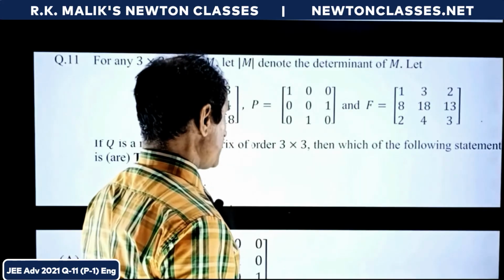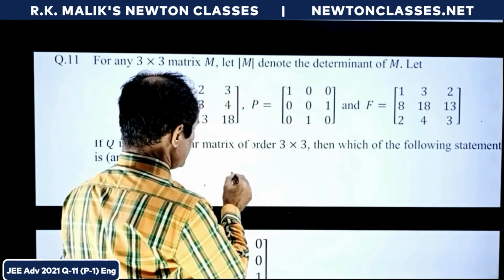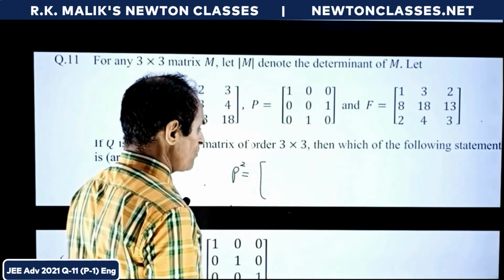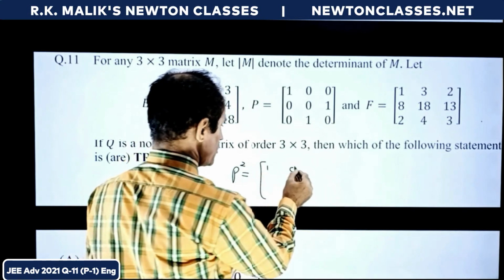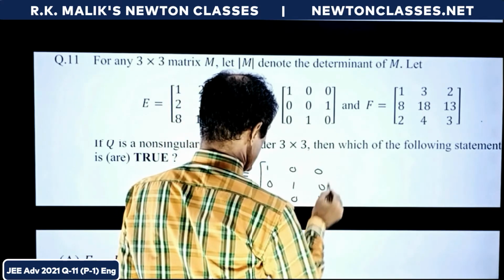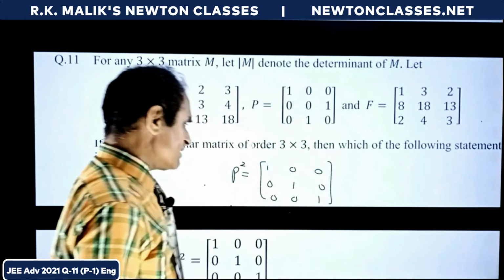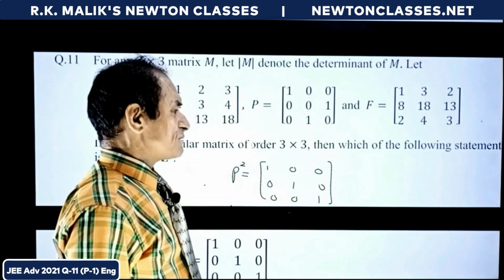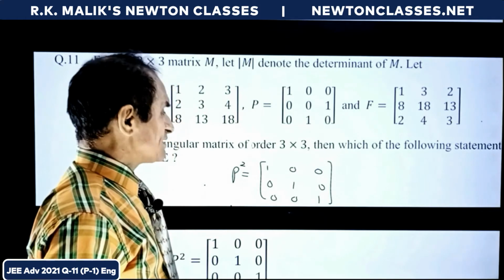keeping this concept in mind, it is also very easy to note that P square will be surely identity matrix, because square of such matrix is always identity matrix.